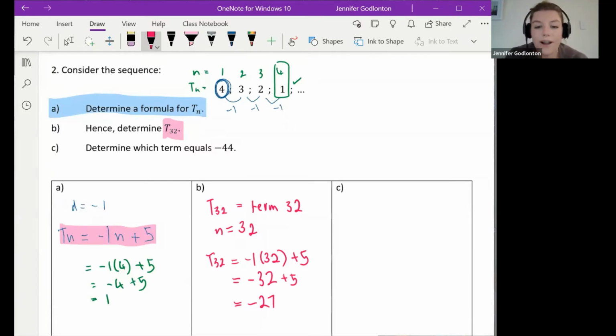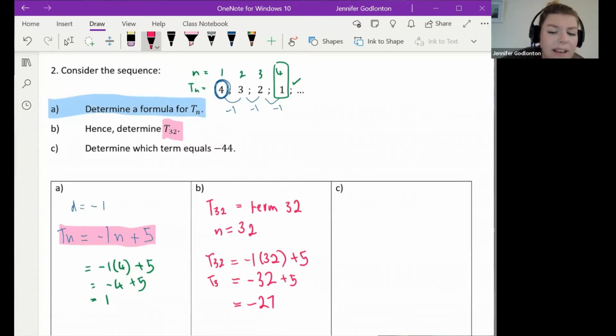For our final answer, the most mathematically pleasing way to present that would be this last line over here where we're saying term 32 is equal to -27. So we're saying what its value is. And what that means is, if I look up here where I've got my positions and then my term numbers, my n would be 32 and my Tn down here would be -27. That's what that's saying.